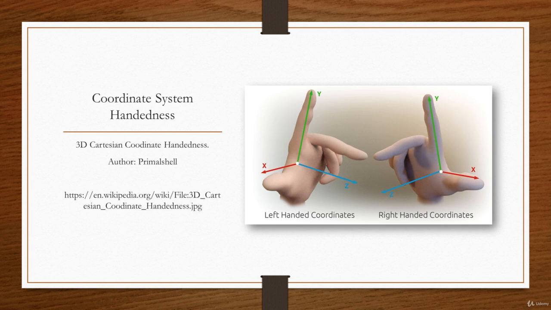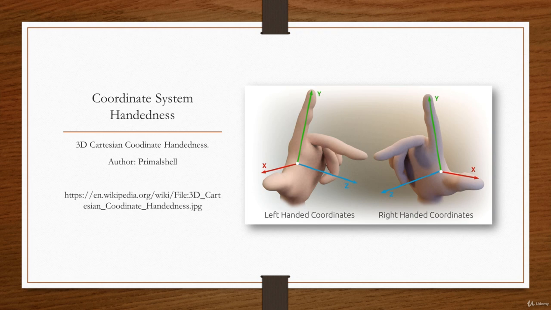So in this image, you can see that these are mirror images of each other. You have left-handed coordinates on the left there, and right-handed coordinates on the right. And this refers to the coordinate system handedness. On the left hand, you can see the positive direction of X. Those arrows point in the positive direction.